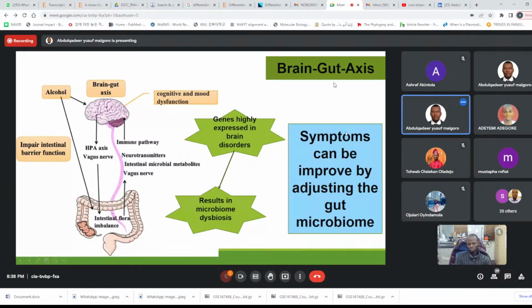But the good side of this scary story is that the symptoms of these brain disorders, which are caused by some genetic factors, which at the end create gut dysbiosis, can be improved by adjusting the gut microbiome. This is quite interesting. The gut microbiome becomes affected because of depression and anxiety. And now scientists say we can fix the brain problem by adjusting the gut microbiome.